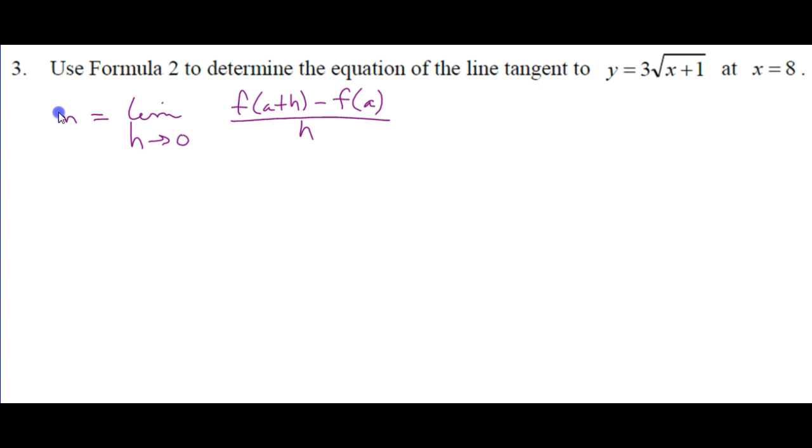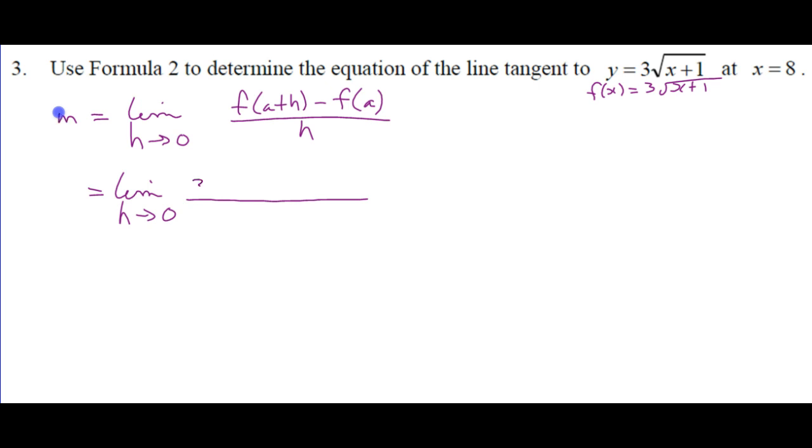Okay. So what do we got? The limit as h approaches 0. So what's f of a plus h? So what's f of x? Yeah, which is y, right? Wherever you see y, you can put f of x. Okay, so f of x is equal to 3 root x plus 1. I want f of a plus h.